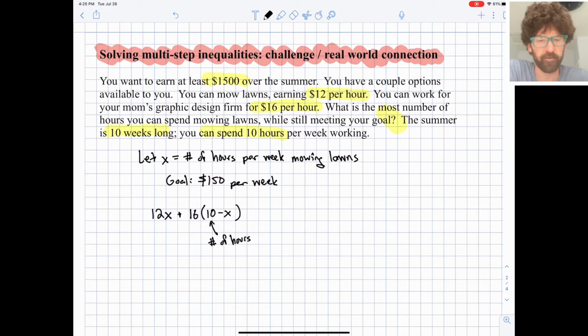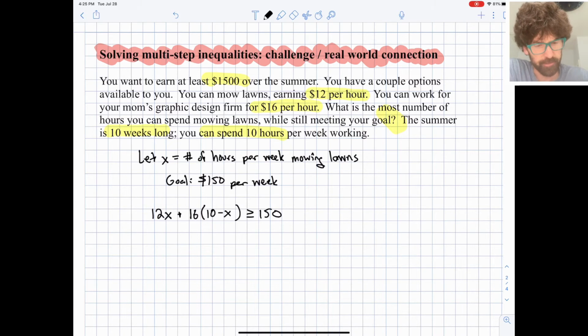And so however many hours we put in mowing a lawn, we need to subtract that from 10 to find the number of hours remaining available to work at my mom's business or your mom's business. Okay, so that needs to all be, we want to earn at least $150 per week.